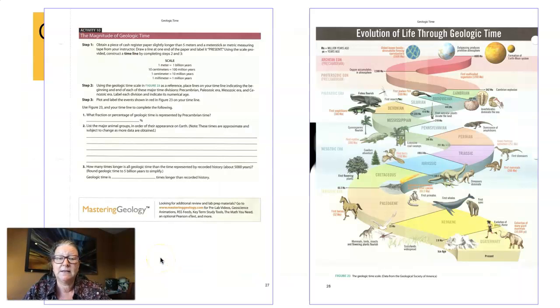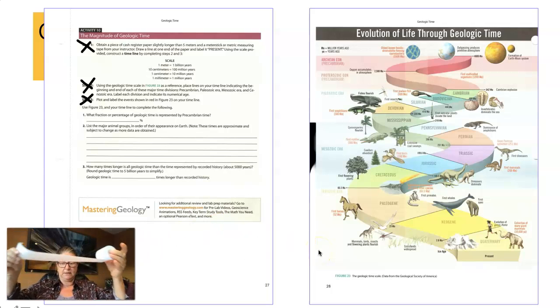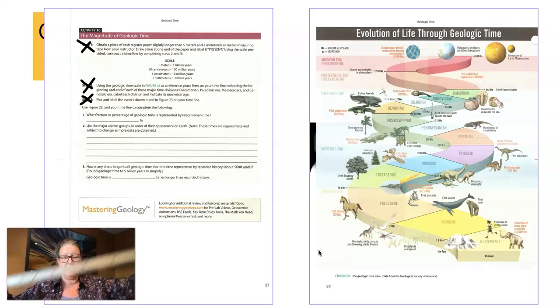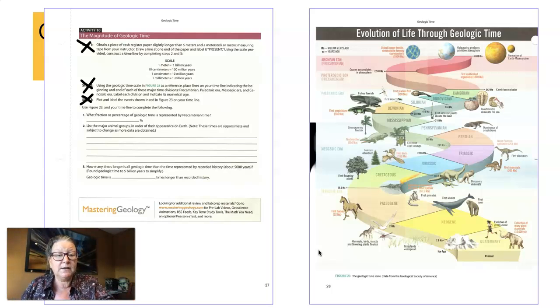Finally, activity 10. Now you're kind of lucky because we're not going to do the first part of this, which actually takes quite a while in class, where everybody gets into groups of 4 or 5 students, and you get adding machine tape like this, and you stretch out 5 meters of it with your meter stick, and then you draw all the organisms on the right hand side, this page 28, and you place them on the timeline with a mathematical relationship that 1 meter equals 1 billion years, or a millimeter equals 1 million years.